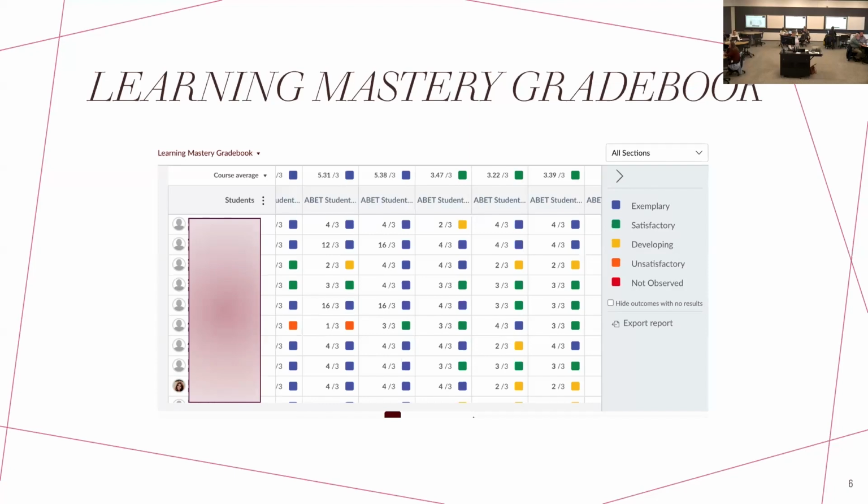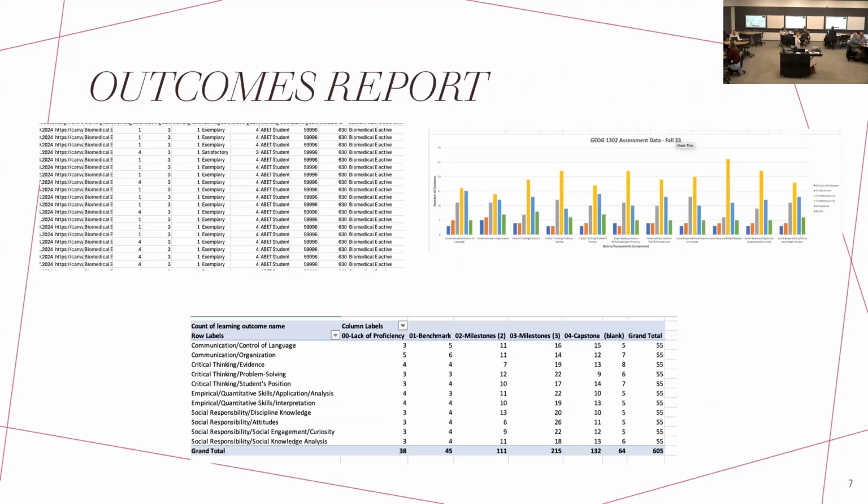Okay. And this is a real brief look at some actual data from the outcomes report. The one you see, and I'll get in a little more detail in just a second, in the upper left is the actual output from Canvas, the outcomes report. On the right is just a pivot table and a pivot chart, and on the bottom is a pivot table built from that data.